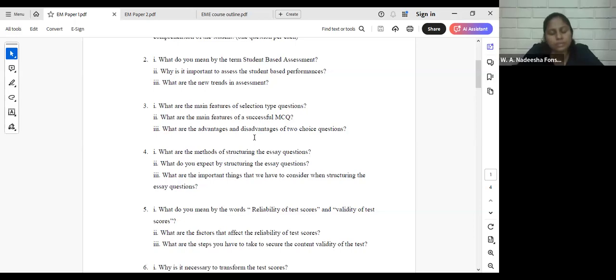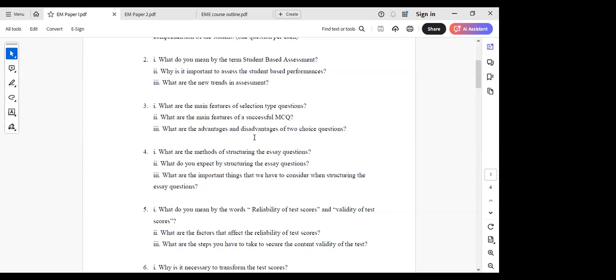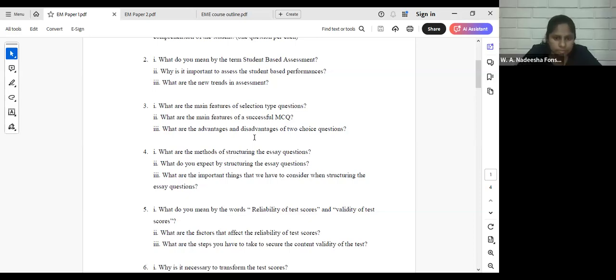Yes, less time duration to answer. What about marking? Easy to mark. It means no need of subject experts to mark them. Yes, those are the main features.